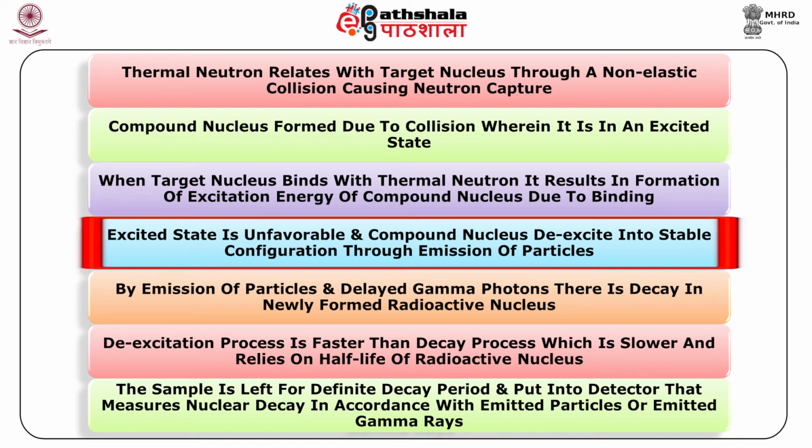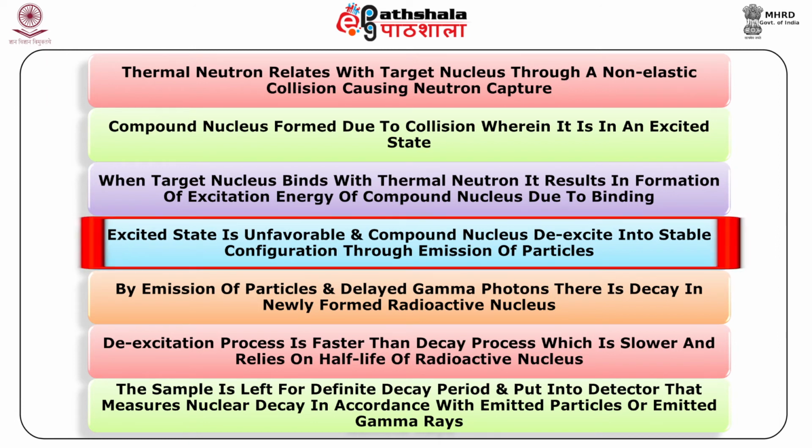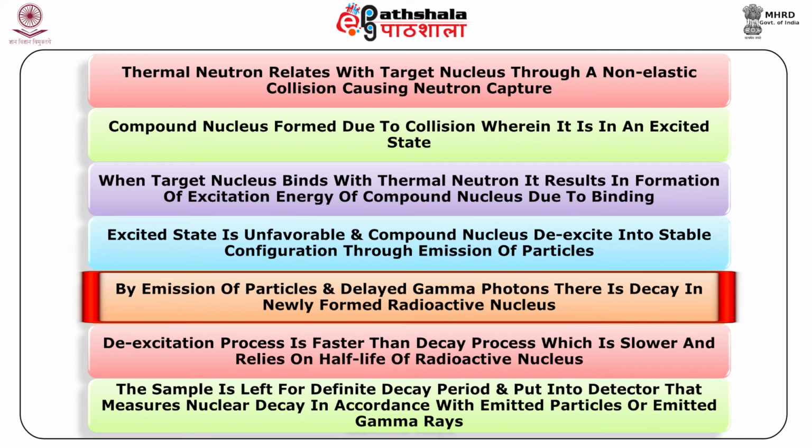This excited state is unfavorable and the compound nucleus will almost instantaneously de-excite into a more stable configuration through the emission of particles and one or more characteristic prompt gamma photons.